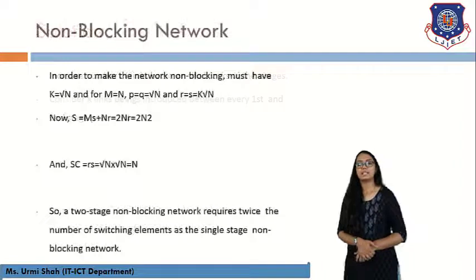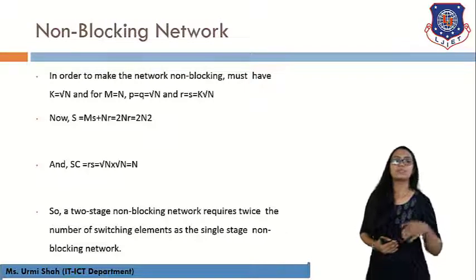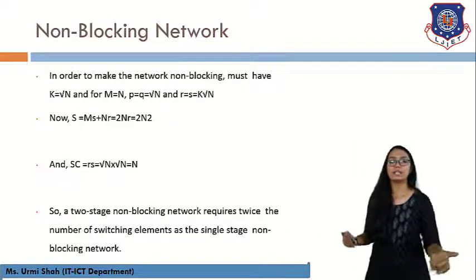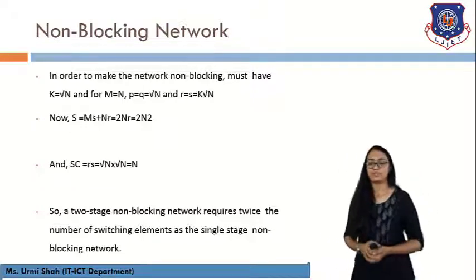Now, basically, what is a non-blocking network? Up till now, we were studying what a blocking network is and why we are using it. But let's now understand what a non-blocking network is.